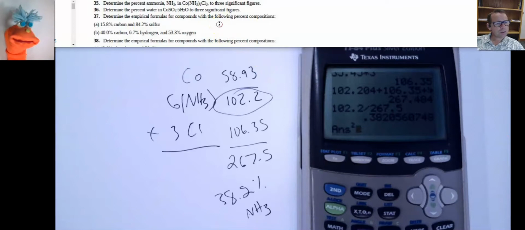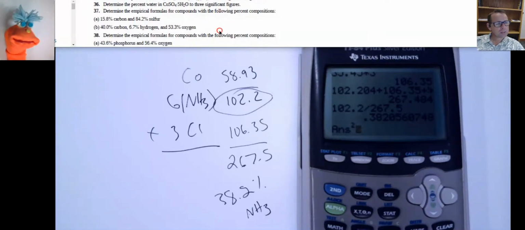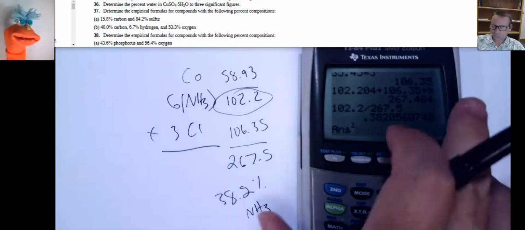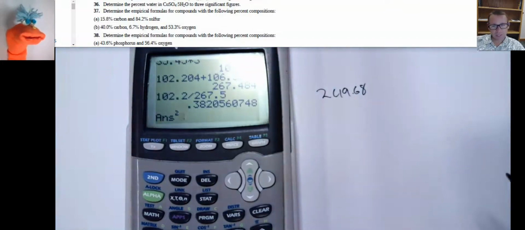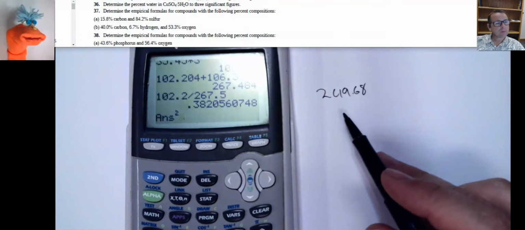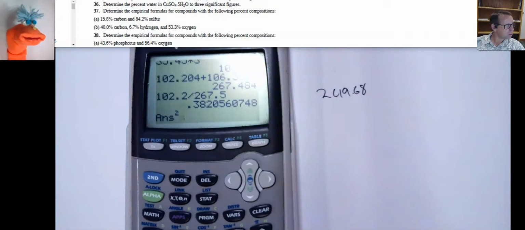Determine the percent water in the copper sulfate pentahydrate to 3 significant figures. Molar mass of copper sulfate pentahydrate, 249.68. So we got 249.68. That is the total mass. And then we have water, molar mass of water, 18.01.